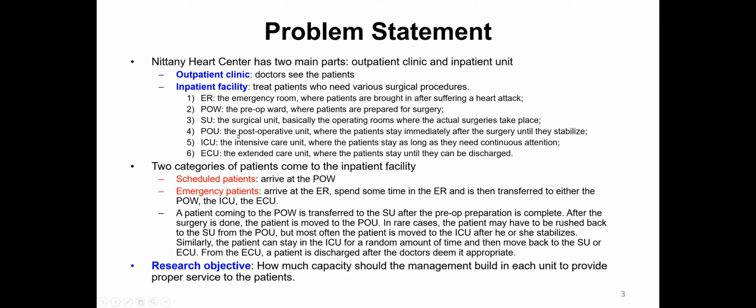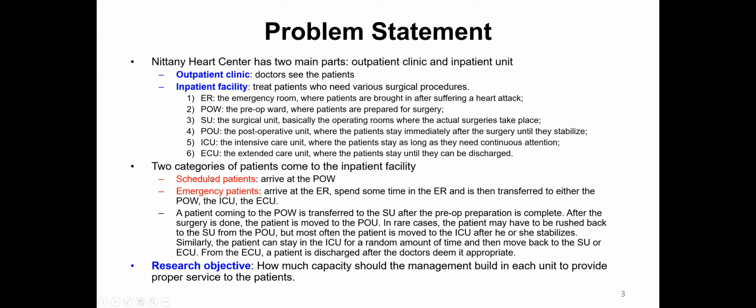The POU is a post-operative unit where the patients stay immediately after the surgery until they stabilize. ICU is the intensive care unit where the patients stay as long as they need continuous attention and real-time monitoring. ECU is the extended care unit where the patients stay until they can be discharged.